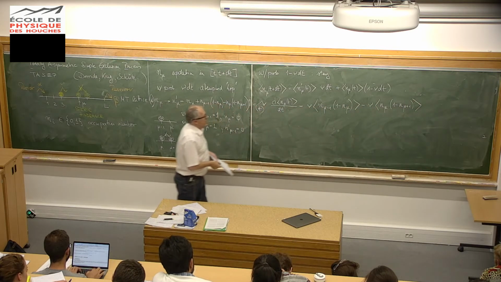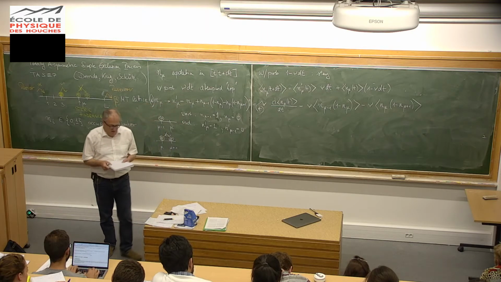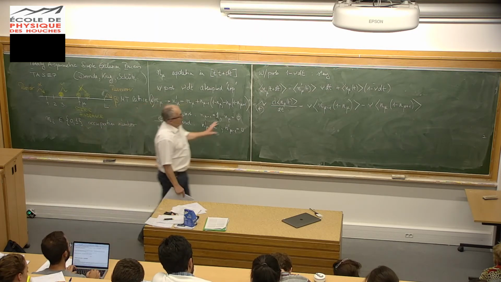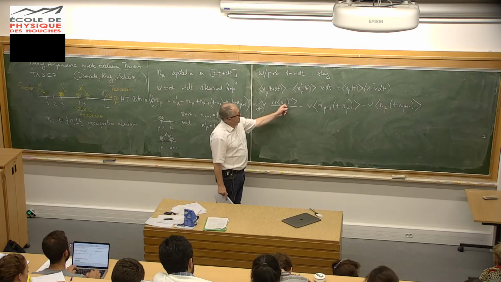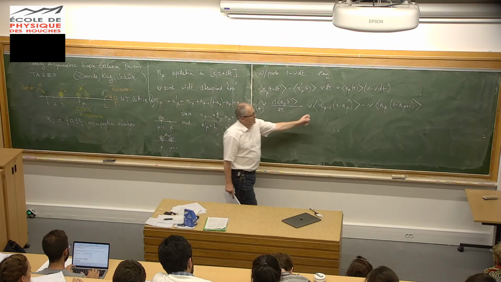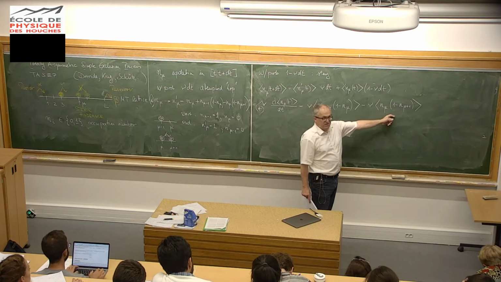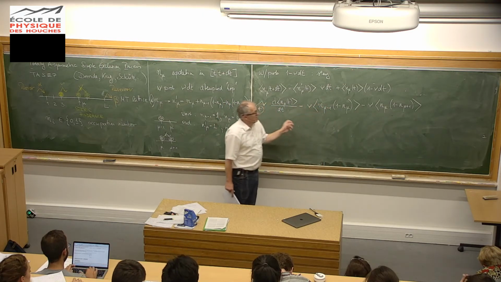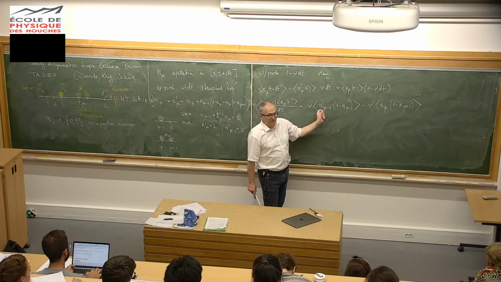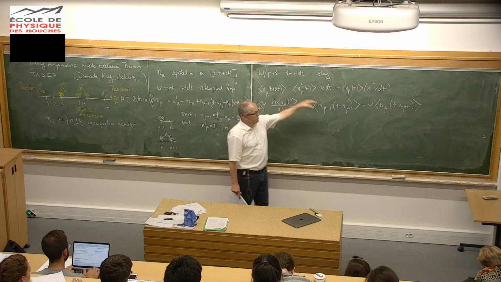Okay, so that's what you get in the end. And you just have to read this out to understand what that means. So you have a change in the occupation number at site mu, which is gain minus loss. You gain if the site where you are is empty, and you hop from the back site towards that site.